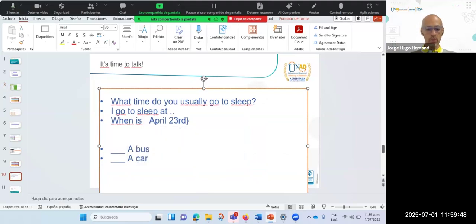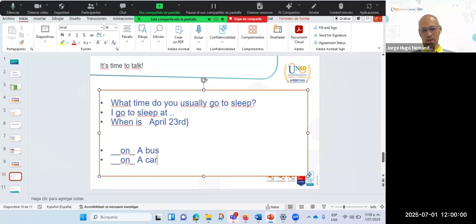So here you can walk, so you say on a bus. Here you can't walk, so you say in a car. In these special cases, English is more difficult than Spanish, no?